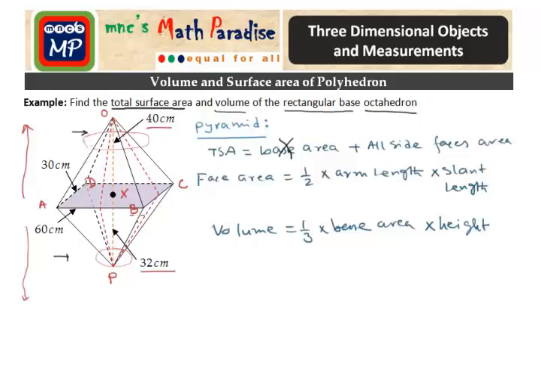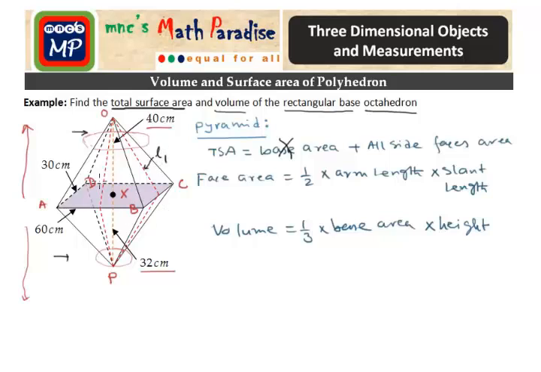So let us start. Here the height is given. To calculate any face area, we need the slant length, and here it's a rectangle, so BC and AD, these two arms are the same, so their slant length will also be the same. Let us consider this slant length as L1.